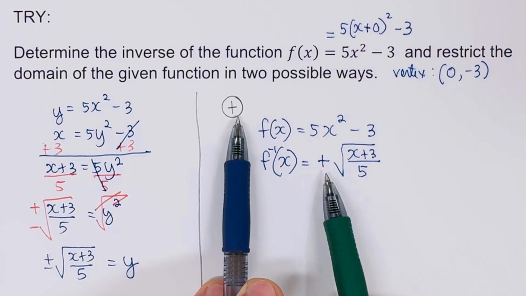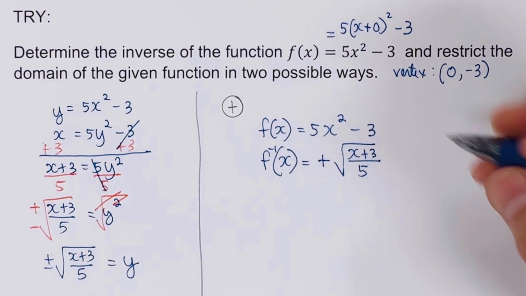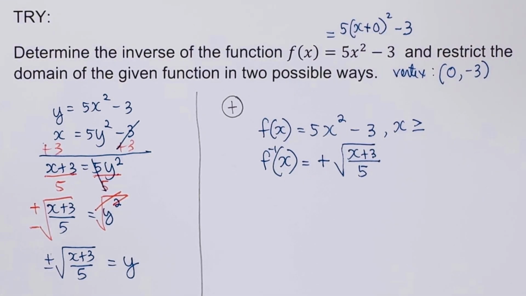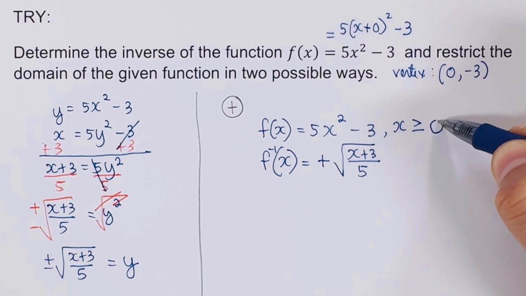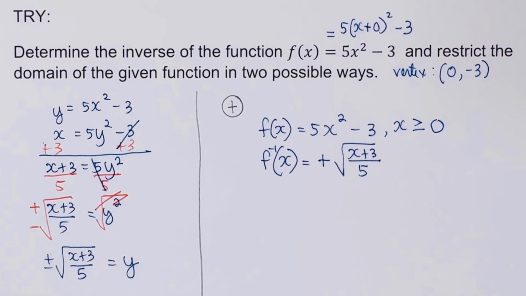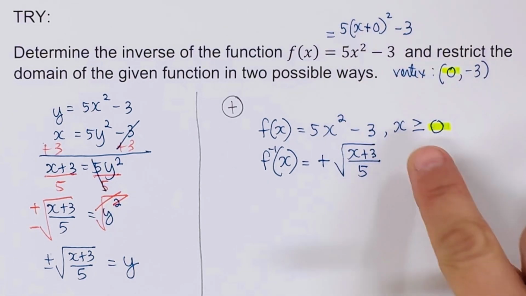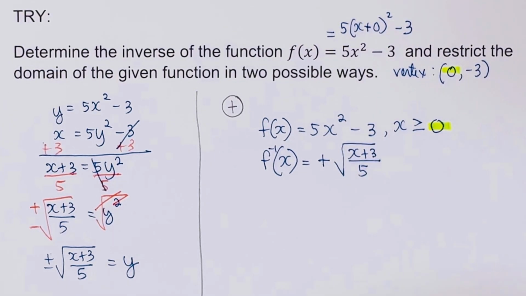Remember, if it's a positive, the restricted part here will be x is greater than or equal to the h. In this case, we have a 0. So I write x is greater than or equal to 0. Again, we always remember it's always the h value that we take here to restrict it.